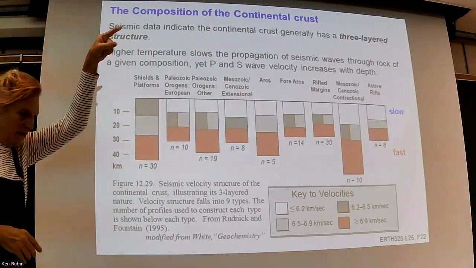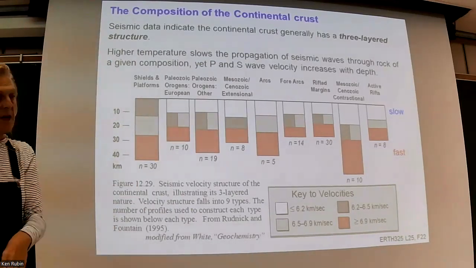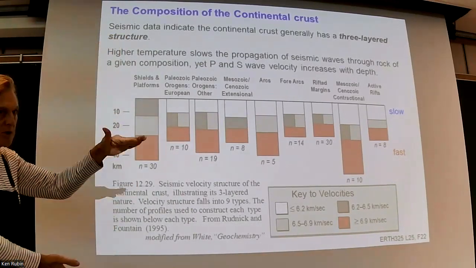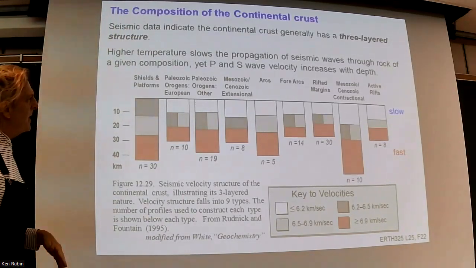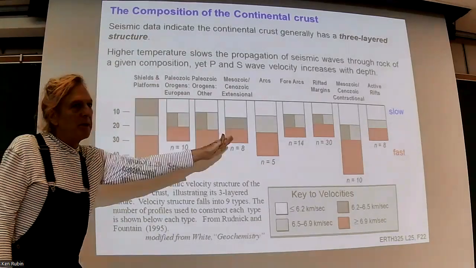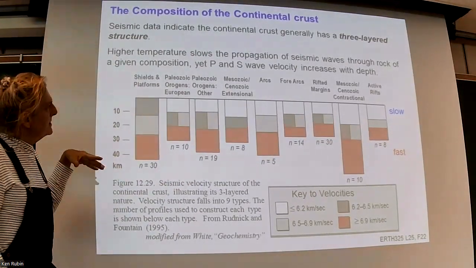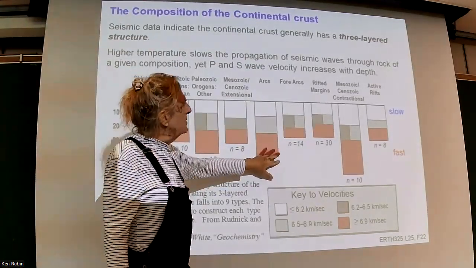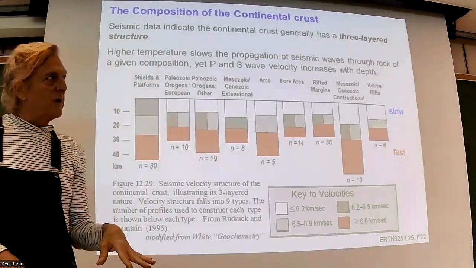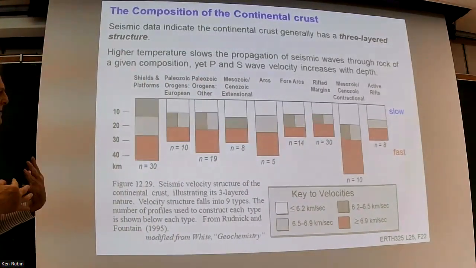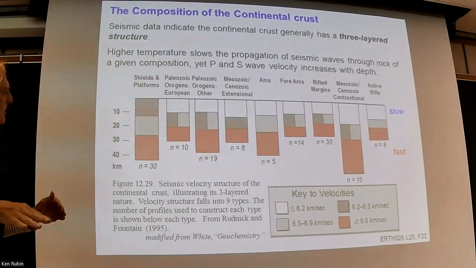If you go down in the crust in a place where it's really cold and down in the crust in a place where it's warm, you will see a greater increase in velocity where it's cold and a lesser increase where it's warm. And so from this model, looking at crust from a bunch of different places, the oldest parts of the continents, the shields, which we talked about last time, subduction zones, places where the plate is starting to rift apart, when we look at the seismic structure, we see some subtle differences, but some general similarities.